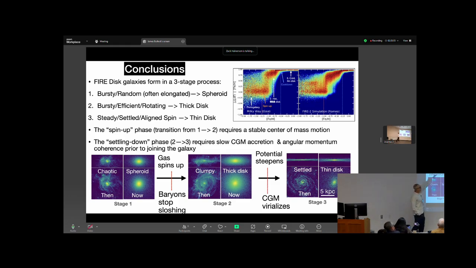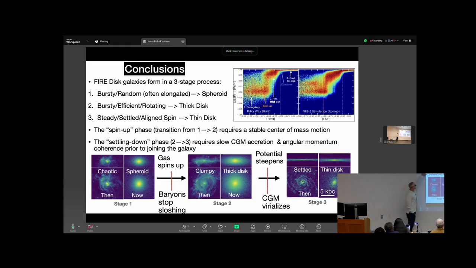That stuff evolves into a spheroid component today. There's a second phase which is also bursty, and the star formation efficiency is high, and the thing is rotating, but not razor thin. That evolves into the thick disk today. And then finally, there's this steady, settled, very snap-aligned phase where the stuff turns into a thin disk.